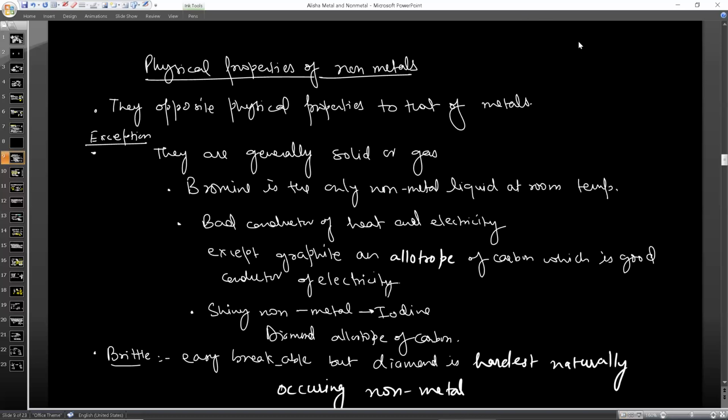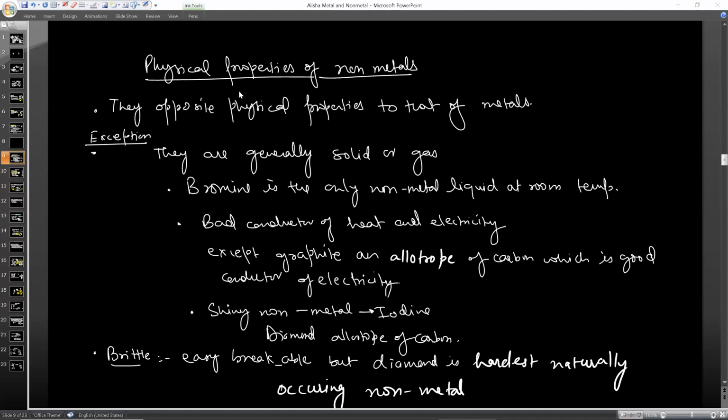So let's move further, towards the physical properties of non-metals. Non-metals are opposite to metals. For example, if metals are hard, then non-metals are soft.